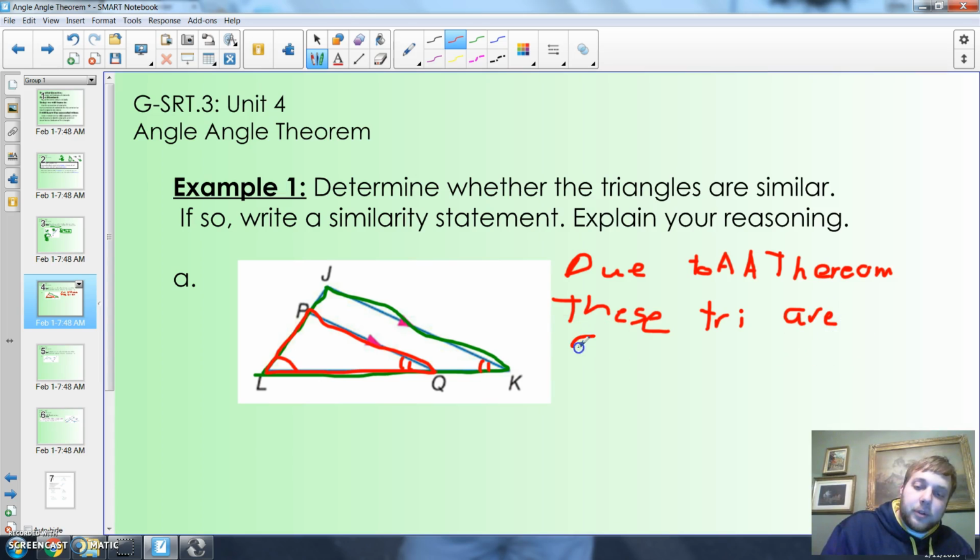Not congruent, they're similar. Similar. Boom. Alright.